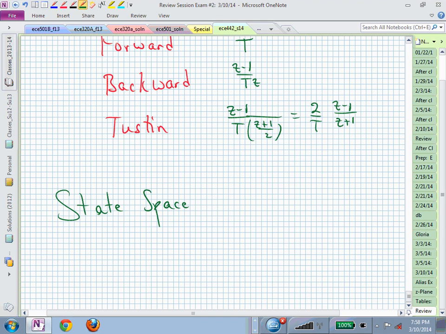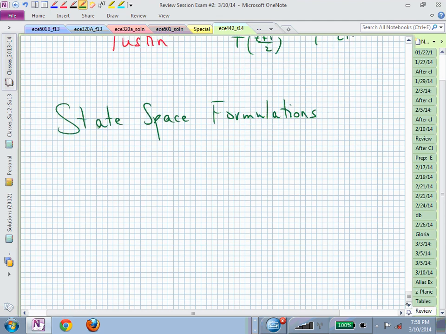If you do the state space formulations, you better have those on your crib sheet. You don't have to derive these. I don't know that you'll have time to derive it. Maybe you will. But be able to apply those.